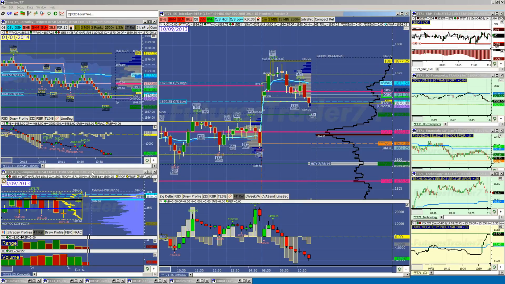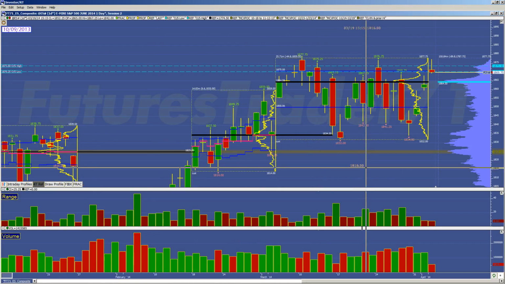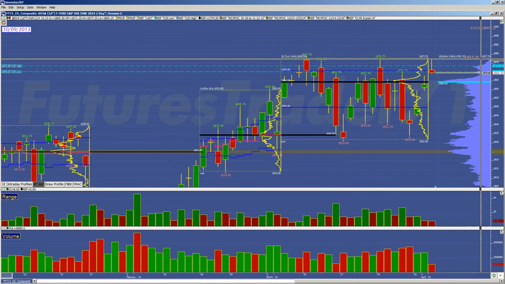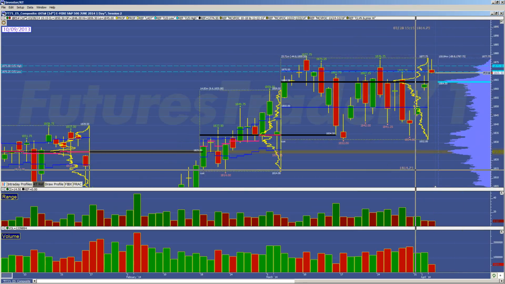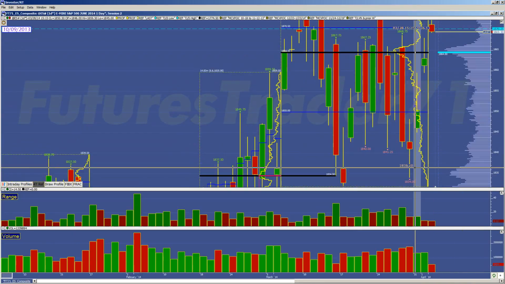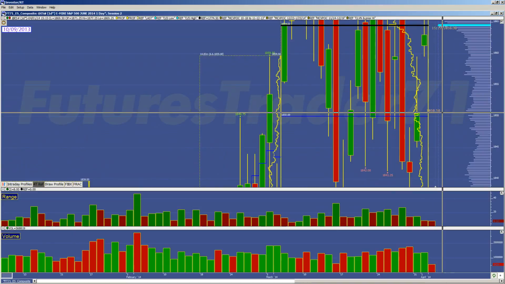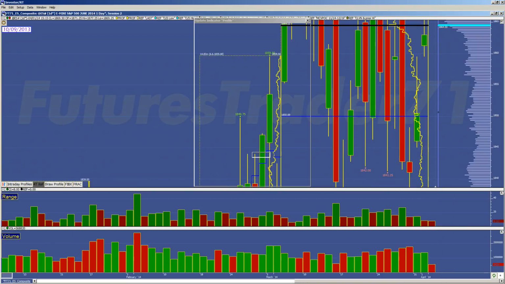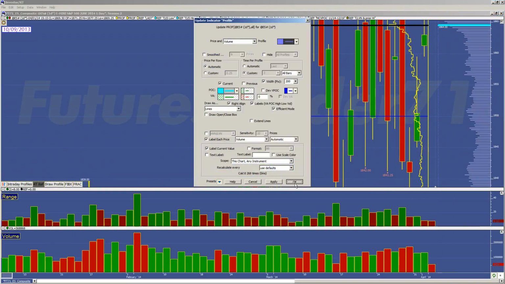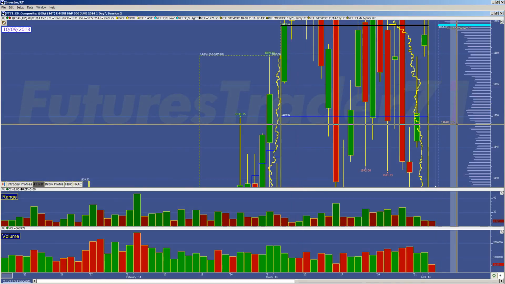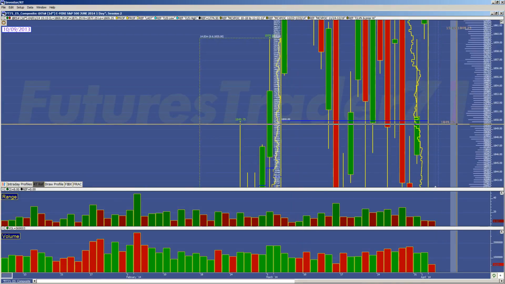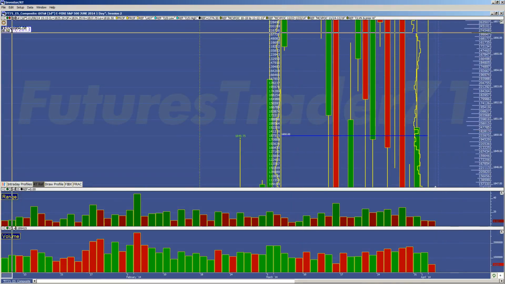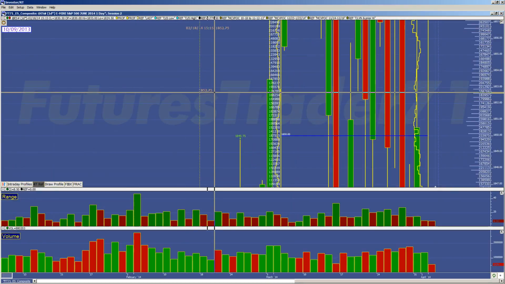Okay, so let's describe what a CLVN is. This is the composite here, this chart that's on the right. That chart is basically showing what has traded at each price going back as far as this chart's starting date. So the low swing that I'm using right now is the 9th of October 2013.